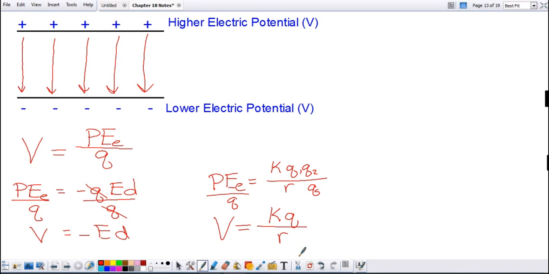Okay. Now, we're really more concerned with the change in electric potential, just like we had been concerned with the change in potential energy before. So we want to find the change in potential, which we call the potential difference.